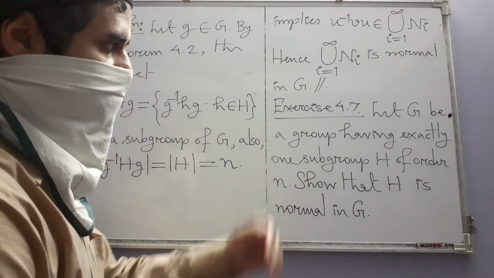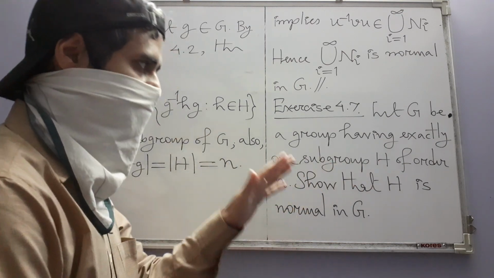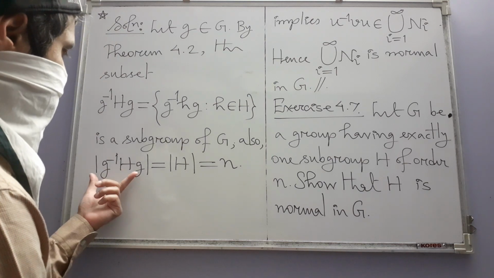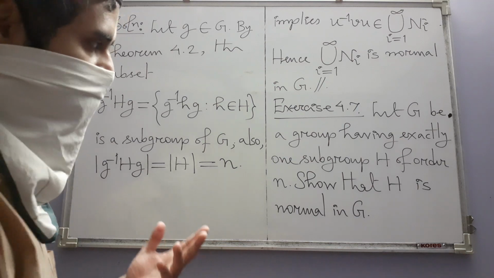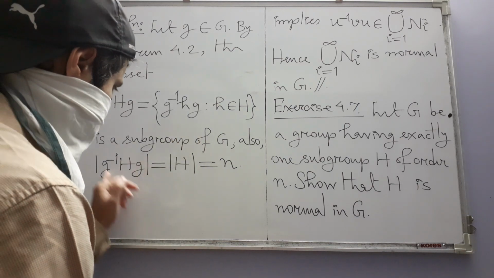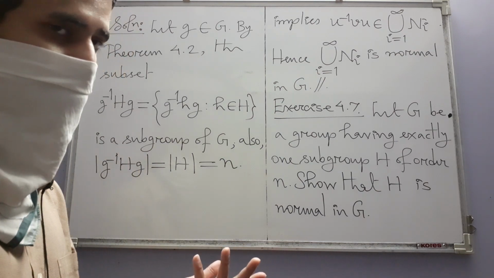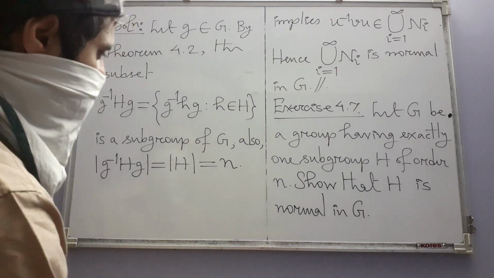But now you look at the hypothesis. The hypothesis says that H is the only subgroup of order n. But according to this theorem, this should also be a subgroup of order n. So the hypothesis forces us to conclude that this subgroup is actually equal to H. There is no other way, because we cannot have two different subgroups having the same order n.